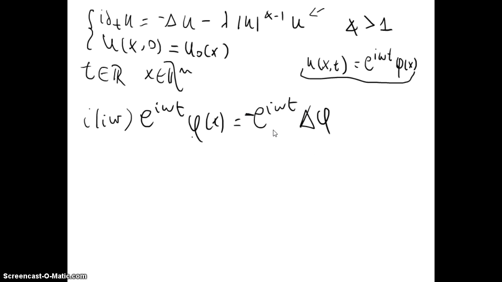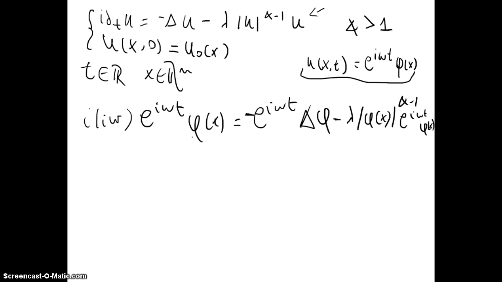We put a minus here and minus lambda. Well, in this case we will have this inside, alpha minus 1, and again e^(i omega t) phi(x).